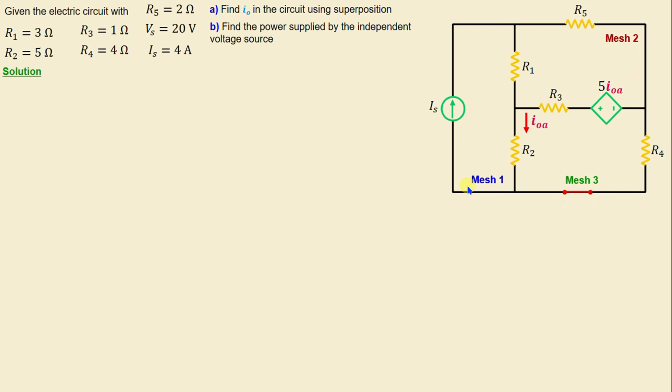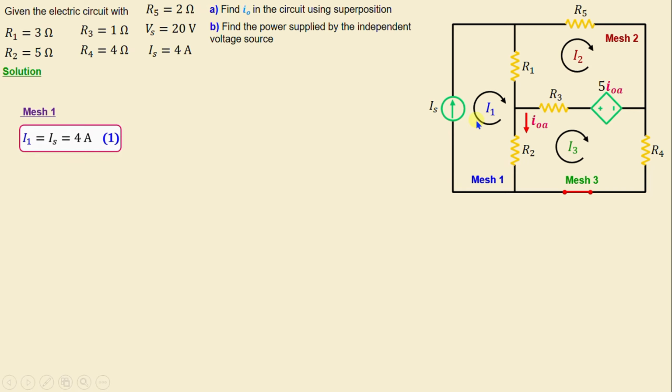And I will consider the current I1 is the current in mesh 1, I2 is the current in mesh 2, and I3 is the current in mesh 3. All the currents are chosen in the clockwise direction. In mesh 1, we can see that I1 is equal to Is, is equal to 4 amps.